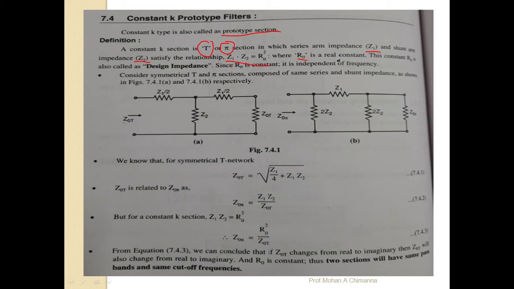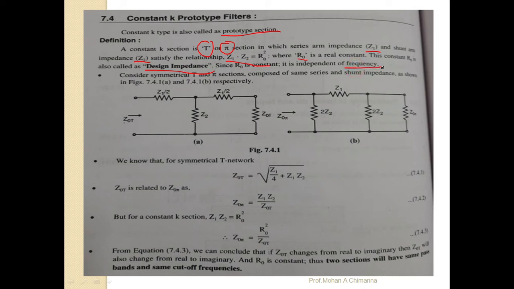R0 is the real constant, called the design impedance. Since R0 is a constant, it is independent of the frequency.